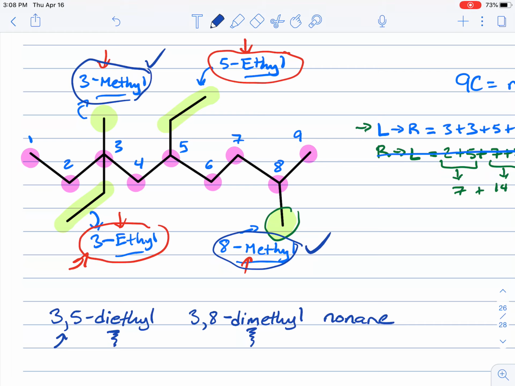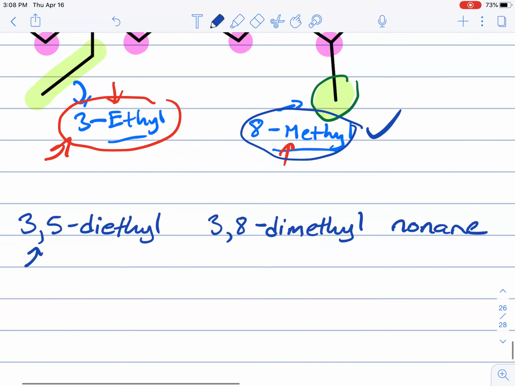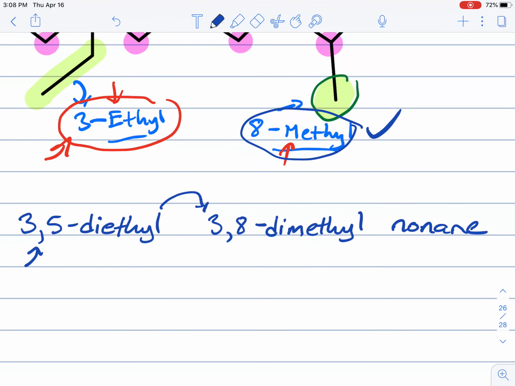Okay. All right. So to clean this up, we need to think about how we're going to join these guys together. Okay. And so here we have a letter to a number, so I need a dash.